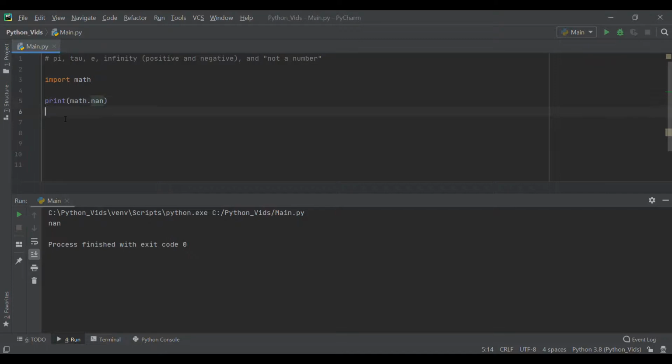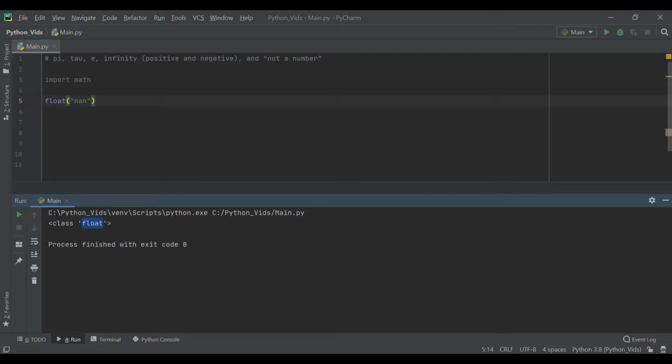So let's check its type. Print the type of math.nan, or nan, people call it different things. And it is a float class. Is float nan equal to math.nan? Well, remember we did this with infinity, where float of infinity was the same as math.infinity.